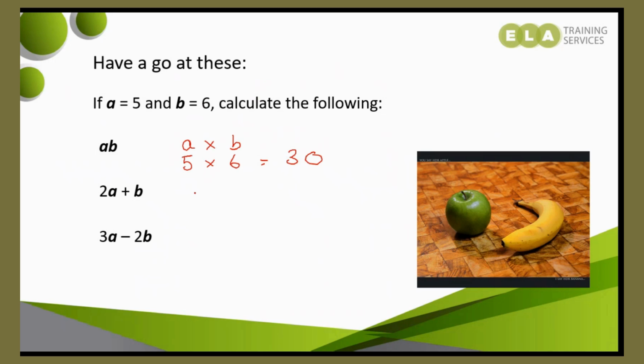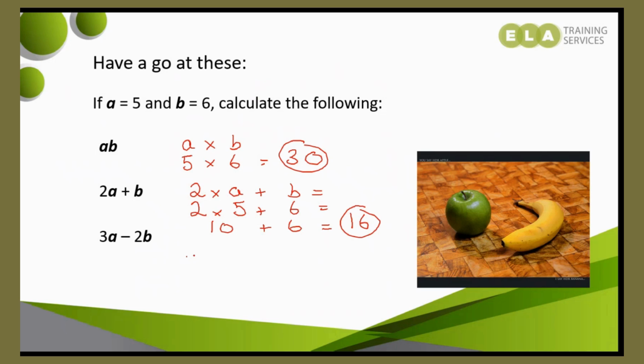Then we've got 2A plus B, so 2 times A plus B. All we're going to do underneath is replace the A and B. So 2 times 5, plus 6. And now we're left with a BIDMAS problem. 2 times 5 is 10, add 6 leaves us with 16. And we've got our answer.